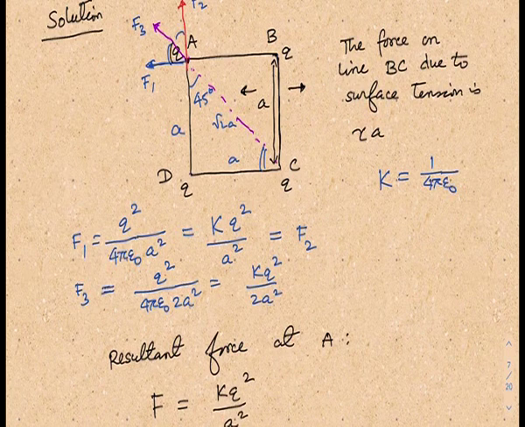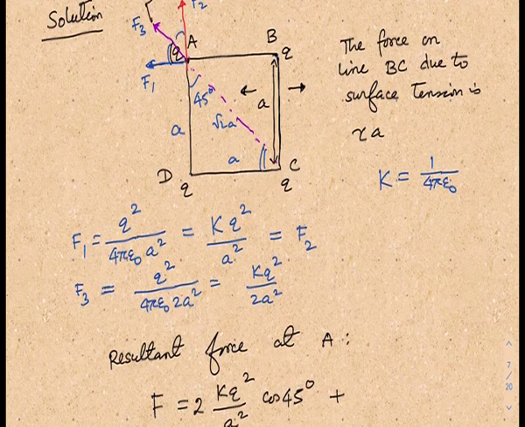This is 45 degrees, so it will be cos 45 degree. Similar would be for F2 also, so twice, and F3 is along, so the resultant force would be actually along this direction, right? So along this direction, that would be KQ square by 2A square.